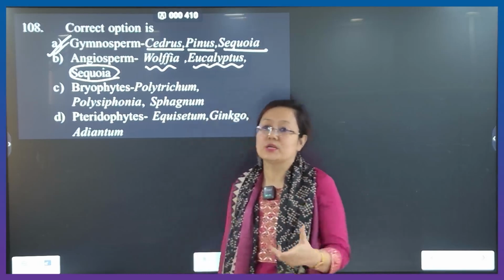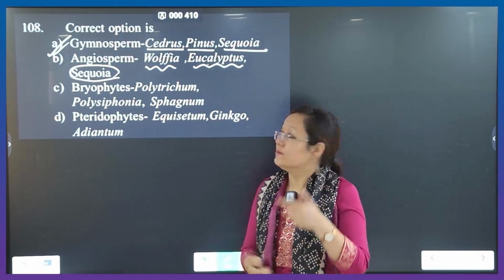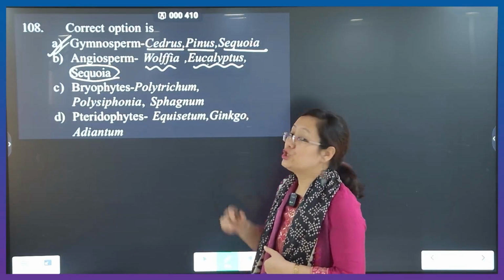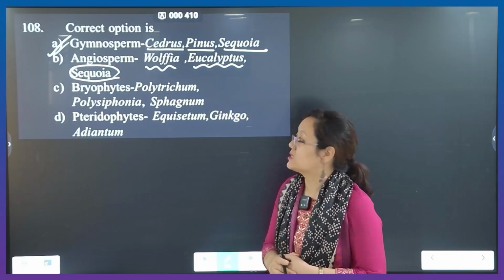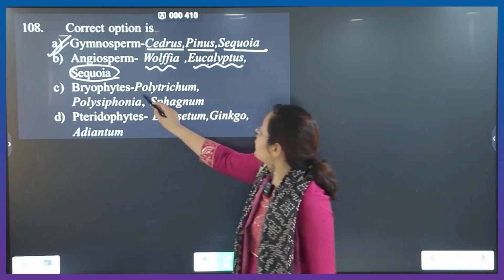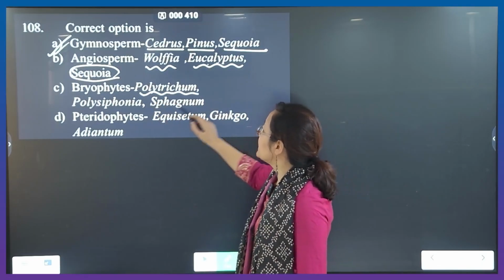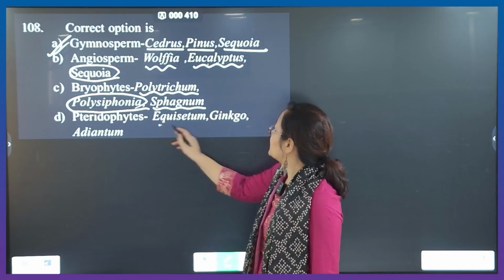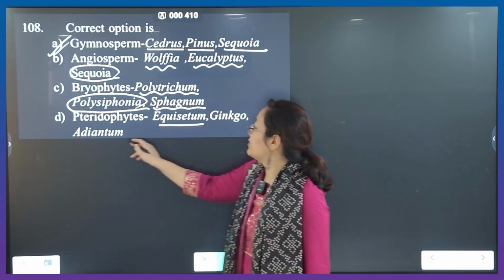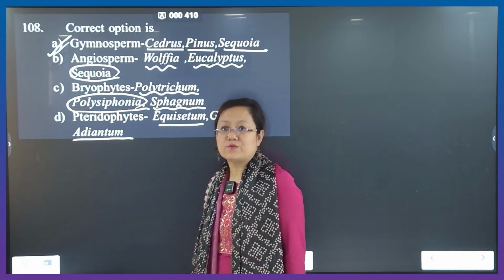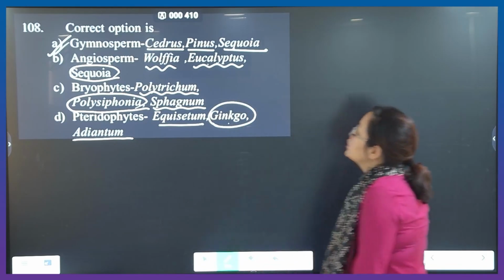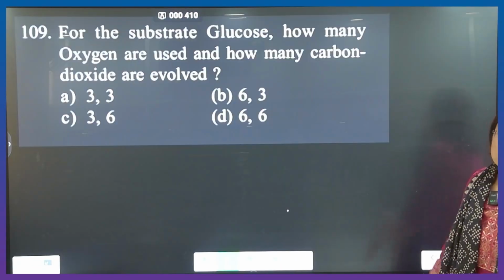Tallest gymnosperm जो है वो sequoia है, sequoia gigantea, and tallest angiosperm is eucalyptus. ये funaria, polytrichum is bryophyte, sphagnum is also bryophyte, polysiphonia is red algae. Equisetum is pteridophyte, adiantum is also pteridophyte, and ginkgo is a gymnosperm. So answer is A. 109.